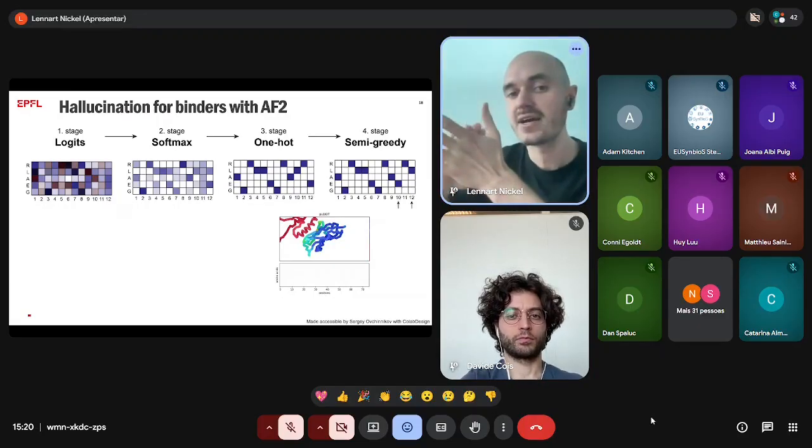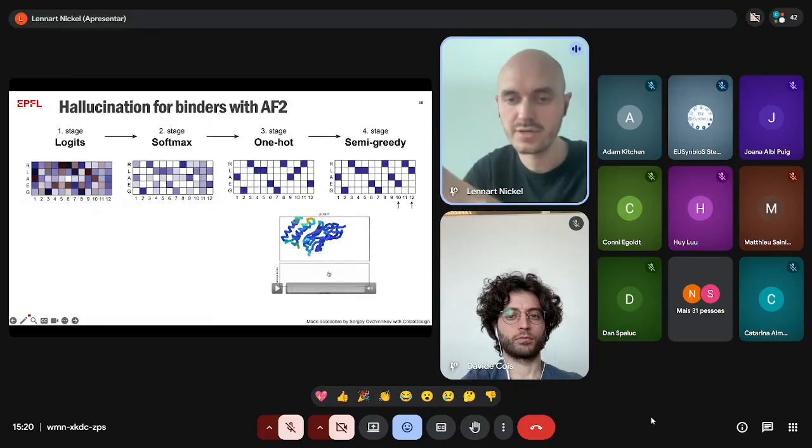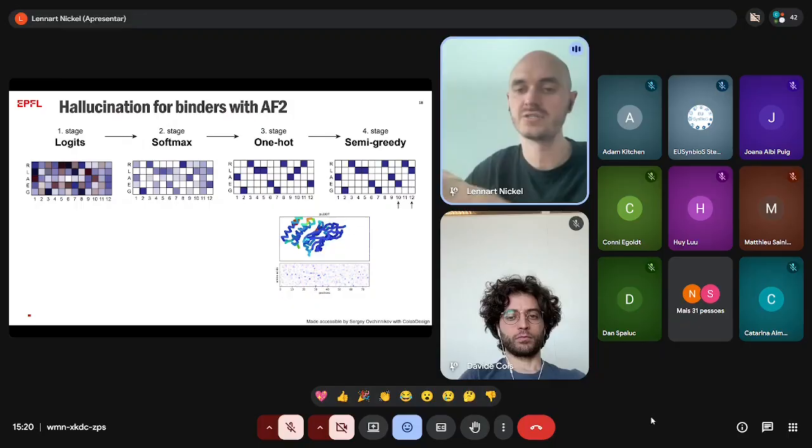So we gradually move towards this one-hot encoding. You can see this in the trajectory plot, where we are first in the relaxed sequence space, and then over time we transition into the one-hot encoding, which is what you see now.